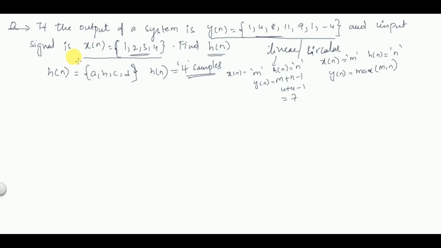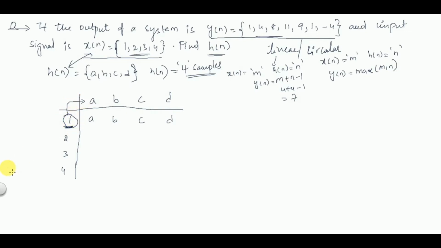Now we have to perform the linear convolution between x of n and h of n. I have already given you the concept: a, b, c, d on this axis, and 1, 2, 3, 4 on this axis. We have to multiply 1 with a, b, c and d, so this element must be multiplied with this entire row.